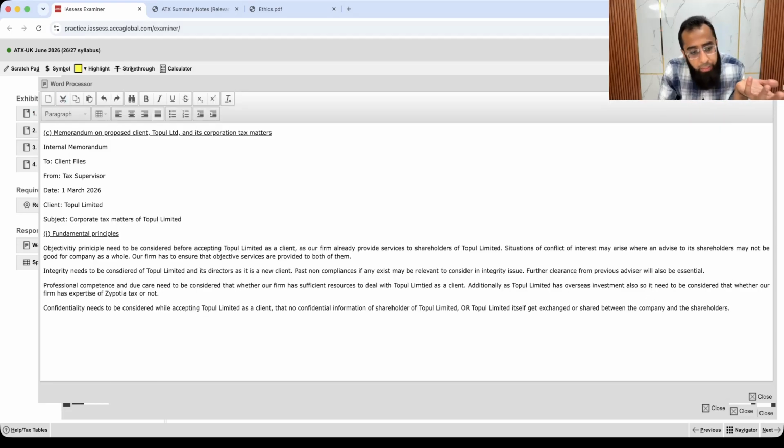Okay. And then you can say professional behavior will also be considered, because we'll be dealing with Sylvia as a shareholder and we'll be dealing with Topul Limited also. We have to ensure that we don't involve ourselves in any action which can discredit the profession.